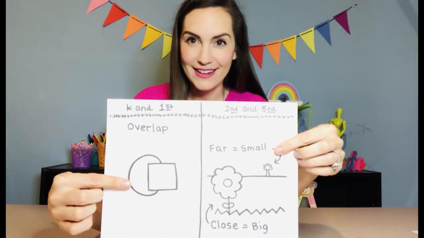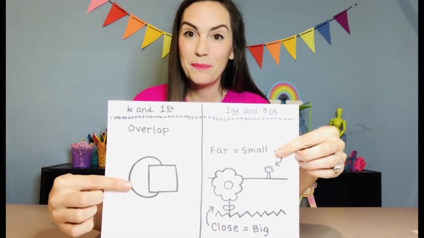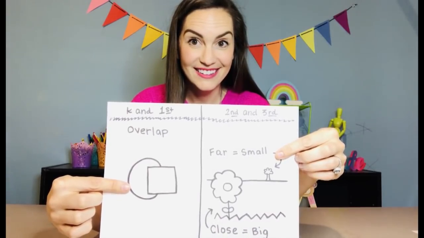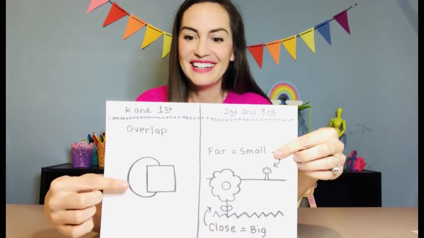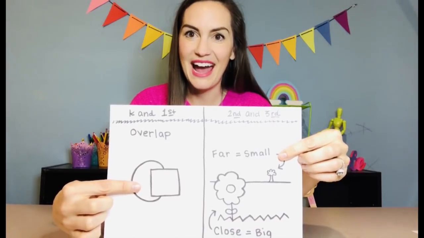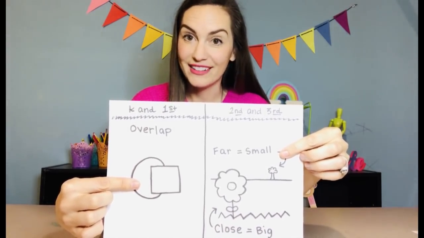One is in front and one is behind. This creates space. Can you tell which shape is in front? Which one is behind? Very good. The square is in front and the circle is behind. This creates space in a piece of art.